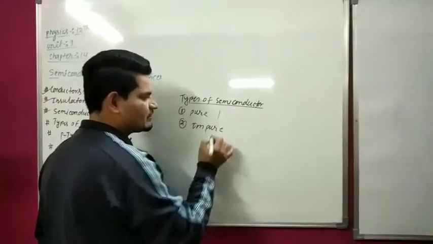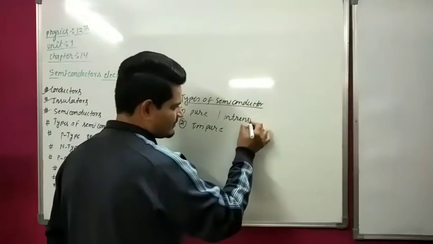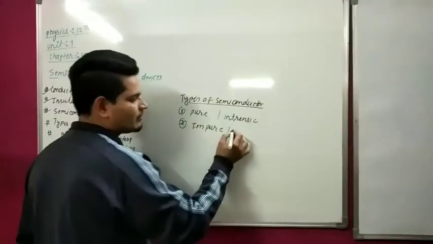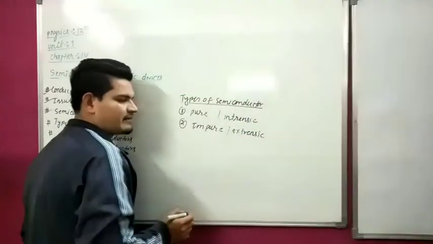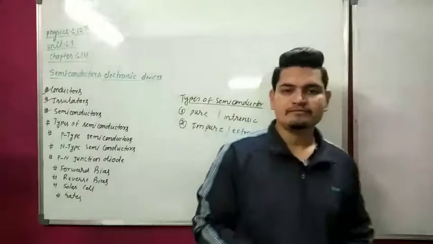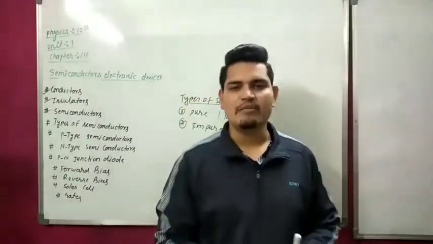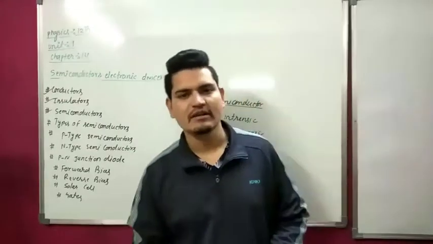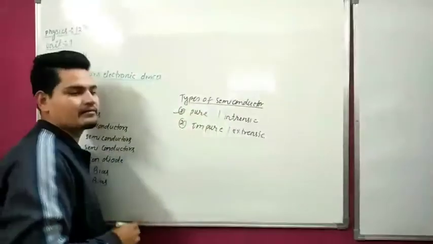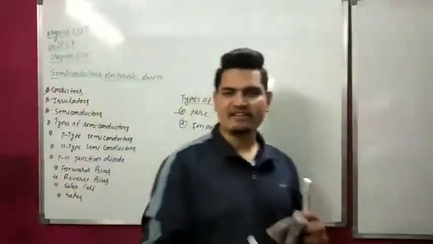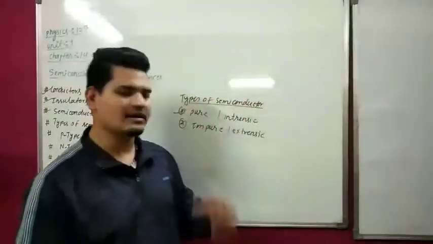Pure semiconductor is also called intrinsic semiconductor, and impure semiconductor is also called extrinsic semiconductor. When no extra impurity is mixed in the semiconductor, then it is called pure semiconductor.